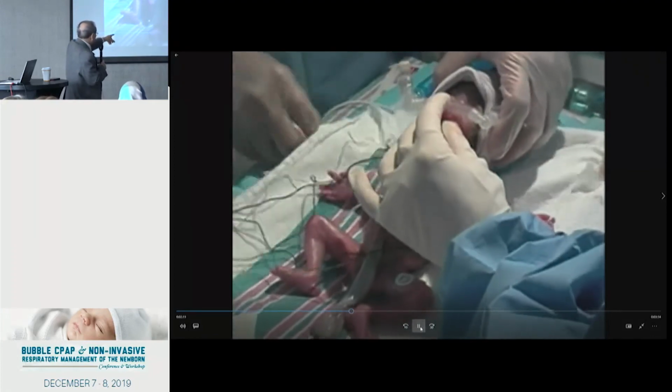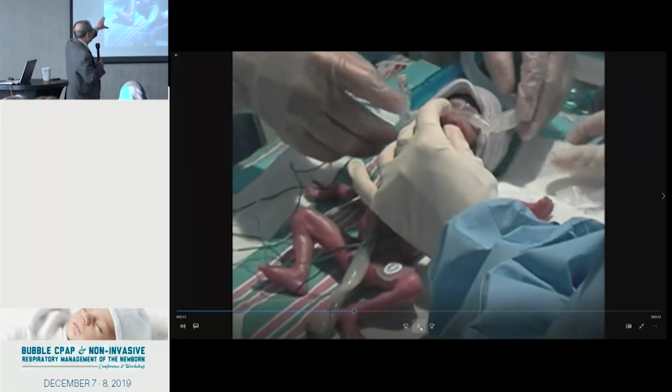So you have an extra hand, you can put an EKG, you can put an O2 sat in the right hand.